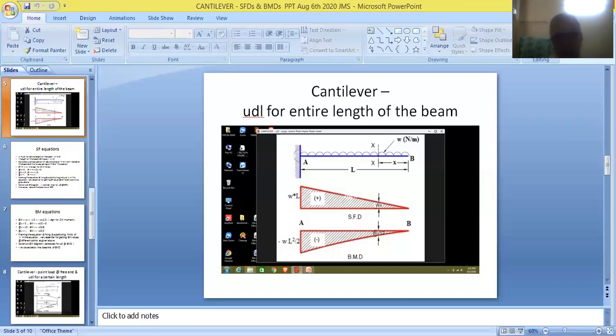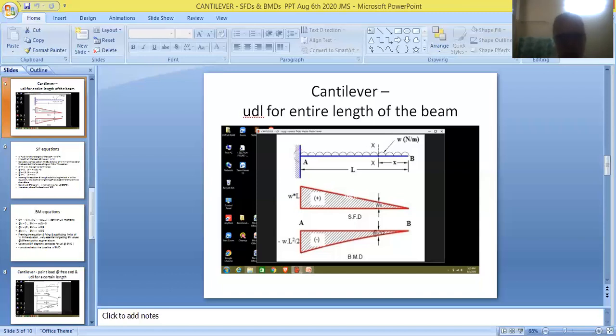After that, we have to consider all the forces present on the right hand side of the section. This will be useful for preparation of SF and BM equations.